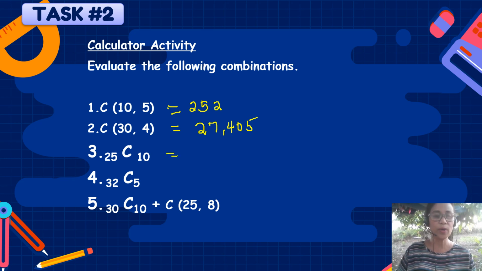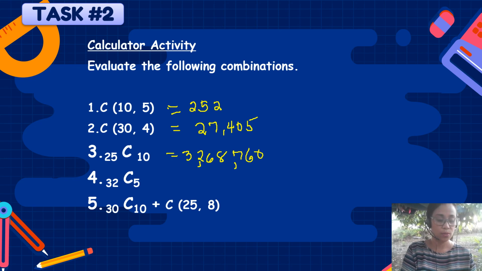Next is 25 choose 10. It's quite big. You have 3,268,760.